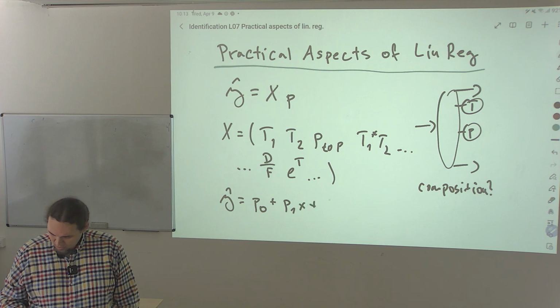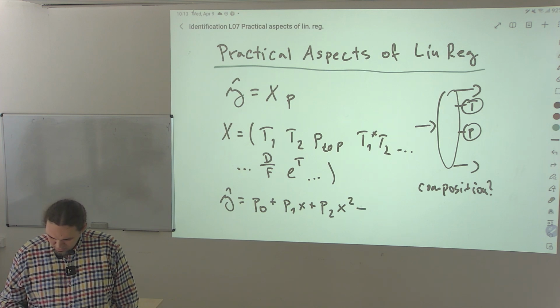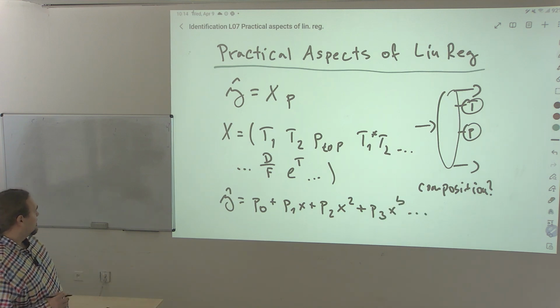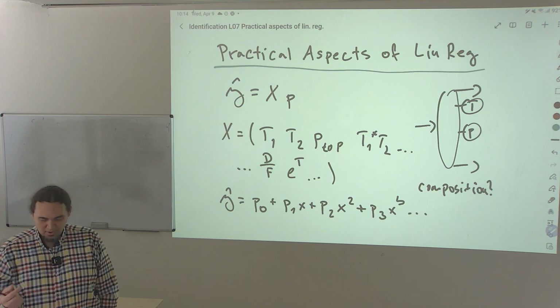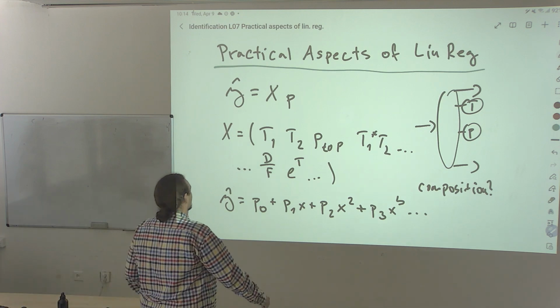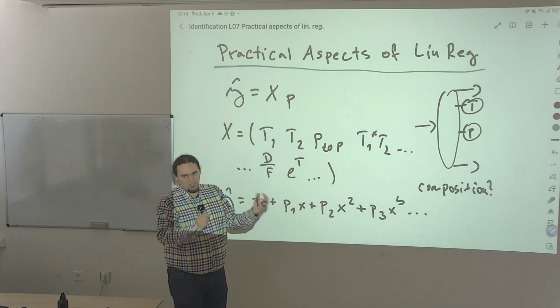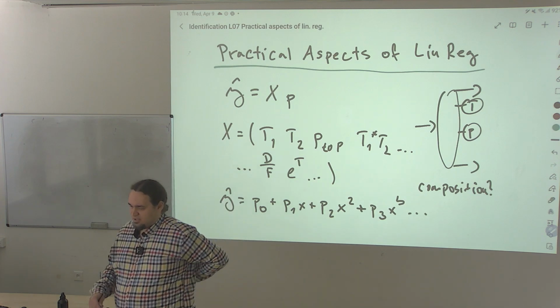We can do some polynomial expansion to basically whichever degree. Of course, this gets even more complicated if we, for example, would have two variables. Then we get some cross products, stuff like that.